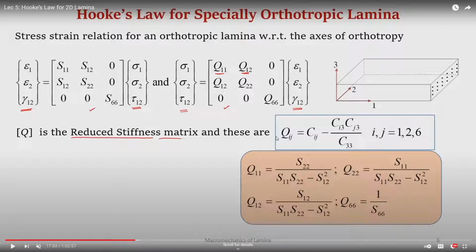You can see if you put 1, that is C11 minus C13 into C13 divided by C33. If you put 2 that also satisfies. If you put 1 that also satisfies.